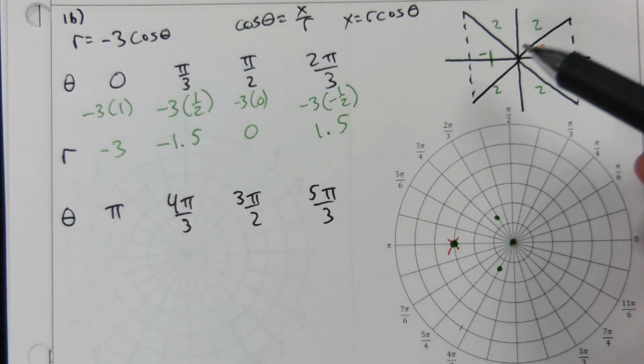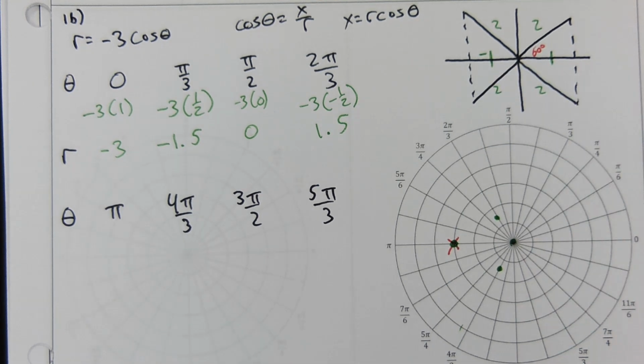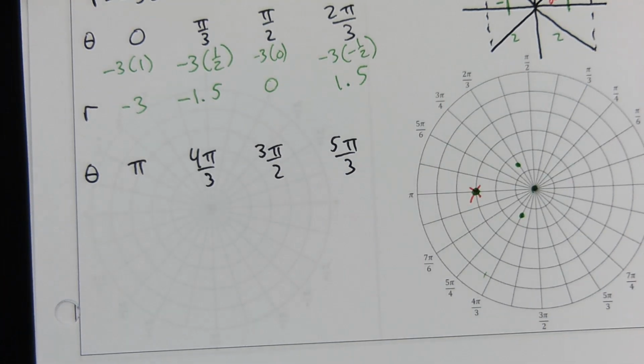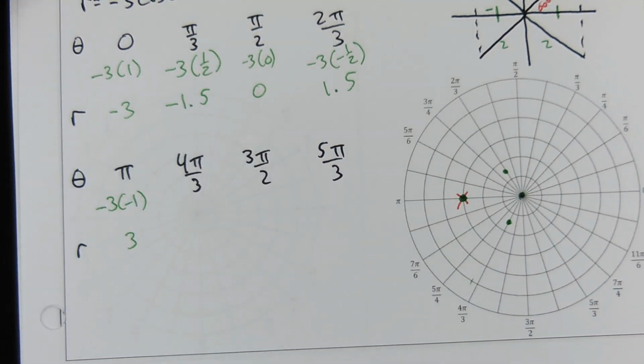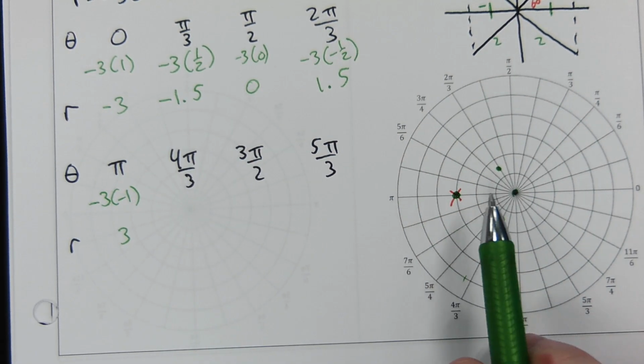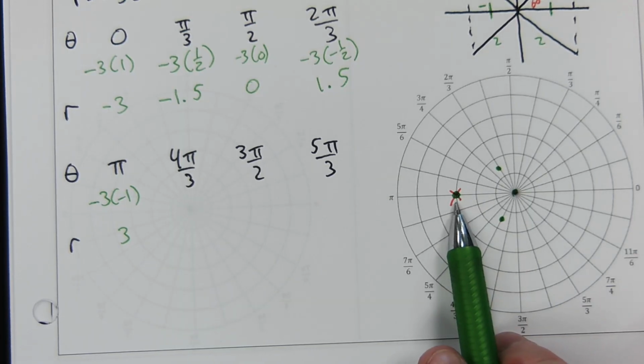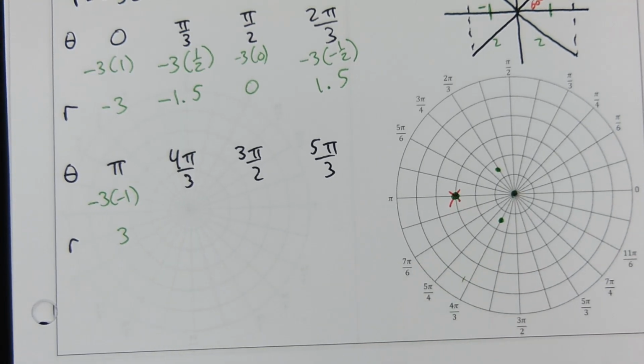Cosine of pi. You're here. It's -1. Oh, I forgot to write my r, didn't I? -1. So I have -3 times -1, which gets me +3, which is, I'll be darned, there again. And guess what these coordinates are going to be?